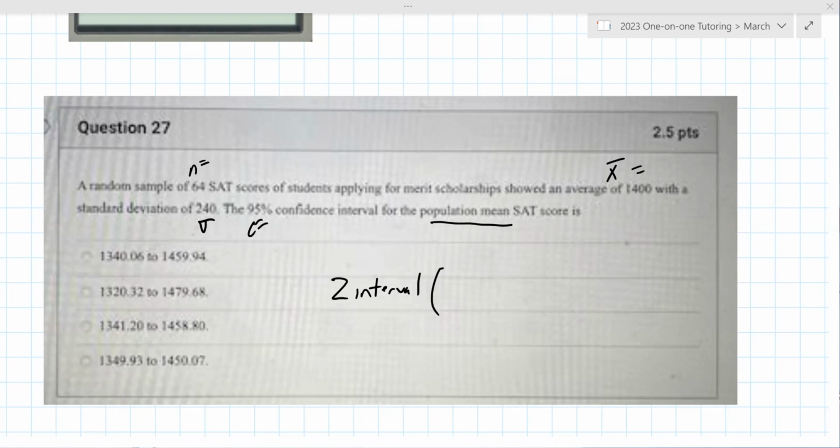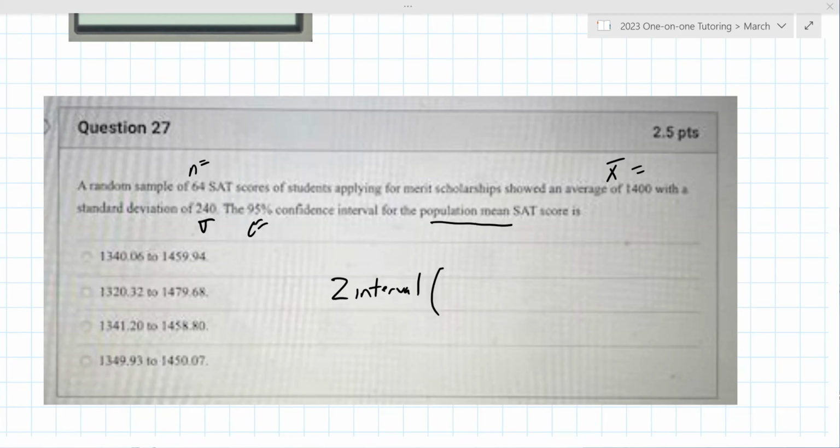I'm going to see if I can quickly do the z-test on this other software I use and see if it actually shows up. Okay, so it'd be 240 standard deviation. X bar is 1400. N is 64.